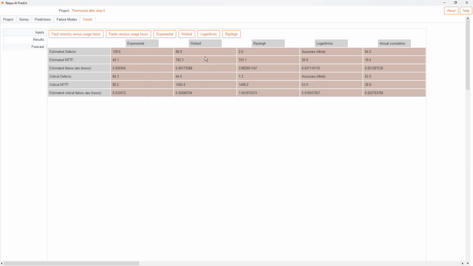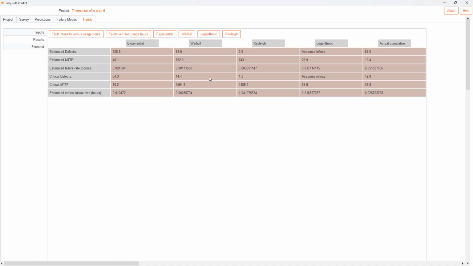The second gate is, what are the models telling us? Let's exclude the Rayleigh model because it's not the right model for our data. Let's look at the exponential and Weibull and logarithmic. And let's look at the estimated mean time to failures of those models.